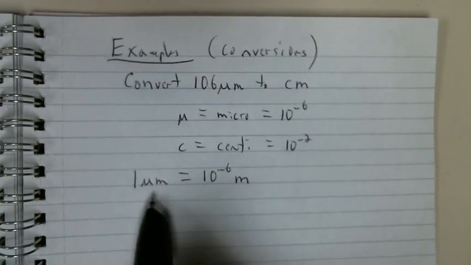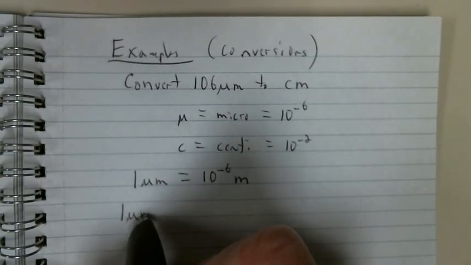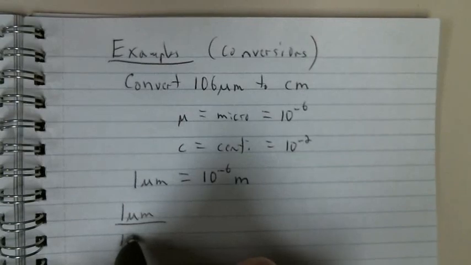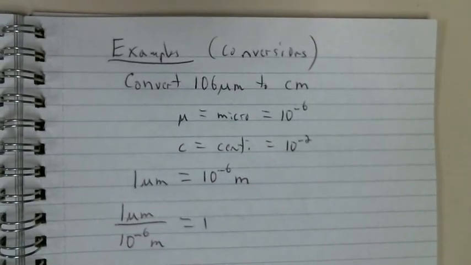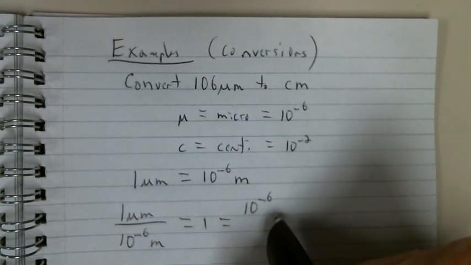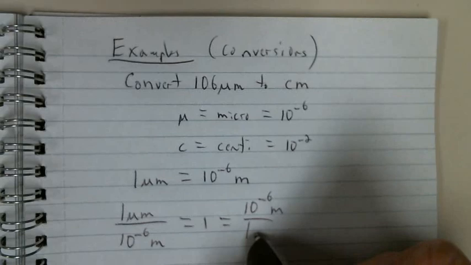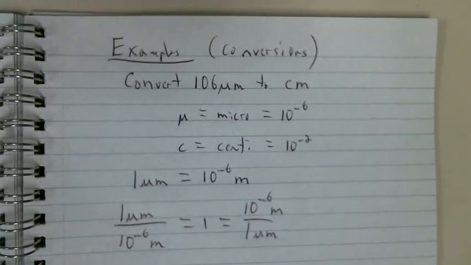So the conversion factors you would get from this equality would be 1 micrometer over 10 to the minus 6 meters, that's equal to 1. Or 10 to the minus 6 meters over 1 micrometer is also equal to 1. So those are our 2 conversion factors.